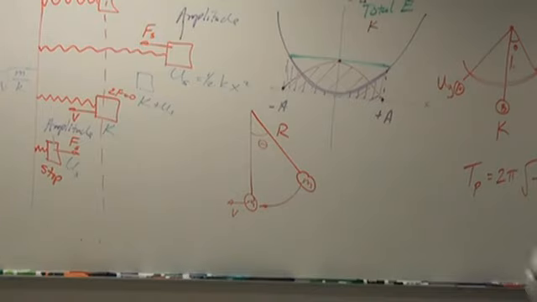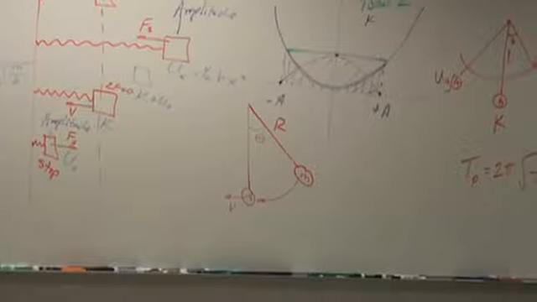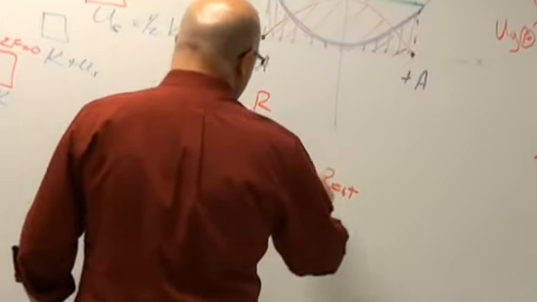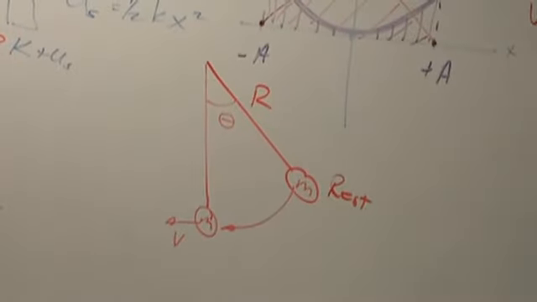I want to find the velocity, v, at the bottom. It starts from rest up here, and it ends down here with velocity.